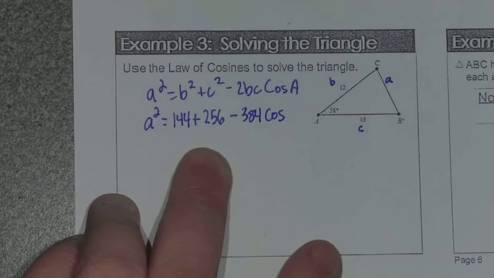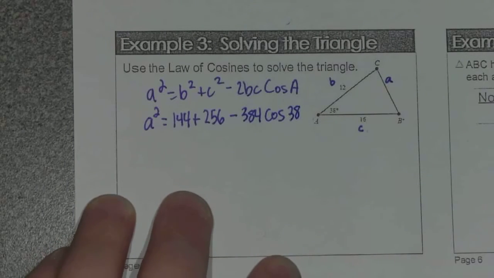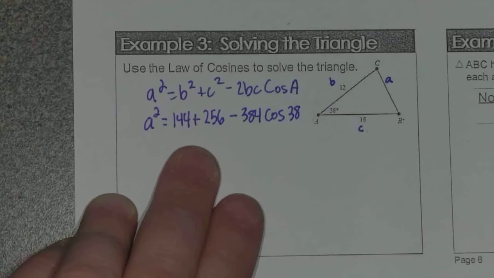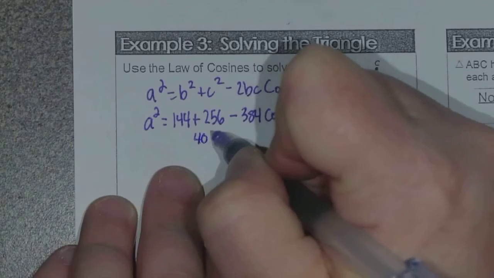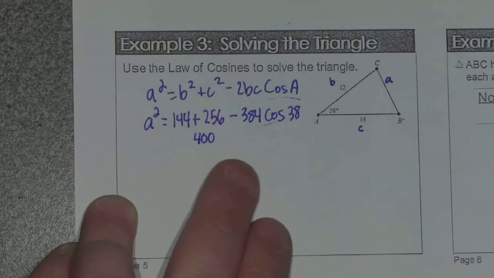Cosine of 38. Okay. So this is like arithmetic from here. We can add the 144 and the 256 together and get 400. We're going to do this on our calculator together.